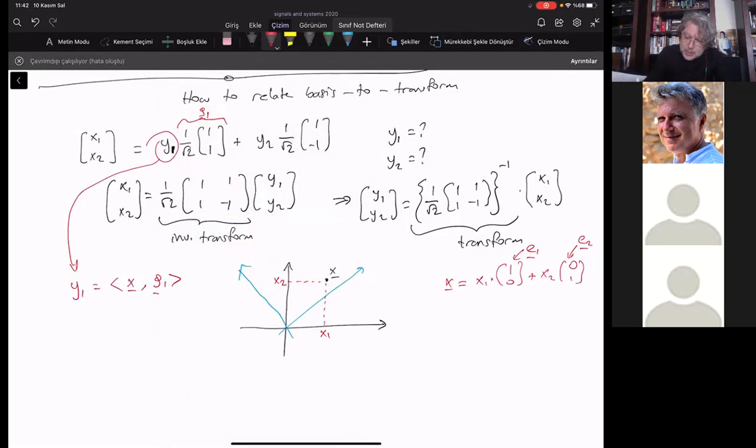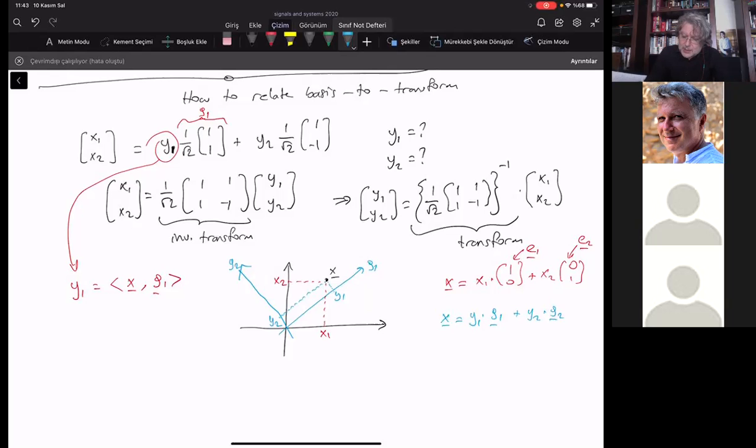Now, if I project x over g1, and this is g2, what I find will be y1 and y2, because I can say that similarly, x is equal to y1 times g1 with unit norm plus y2 times g2 with unit norm, isn't it?